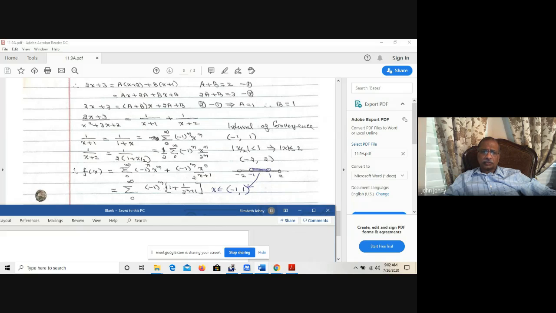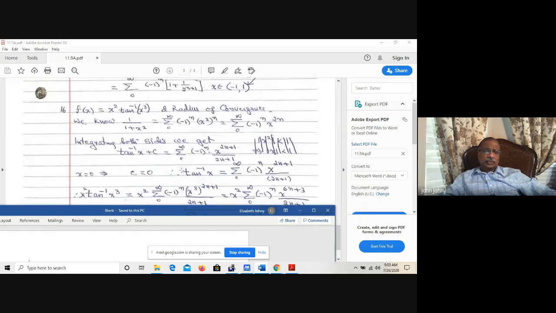It is just like pulling out a common factor, though it is not actually pulling out a common factor. You have to write x to the n also here. So negative 1 to the power of n, then x to the n is missing here. You must write x to the n times 1 plus 1 over 2n plus 1, or you may leave the answer in this line.